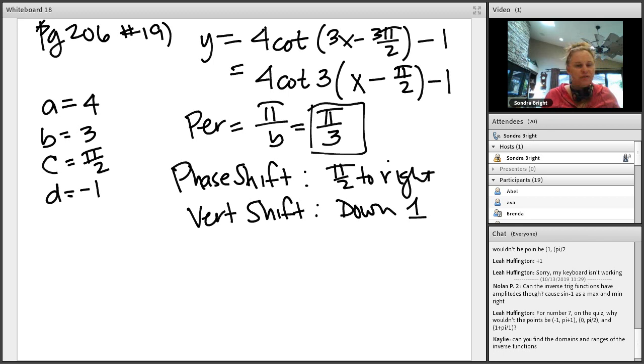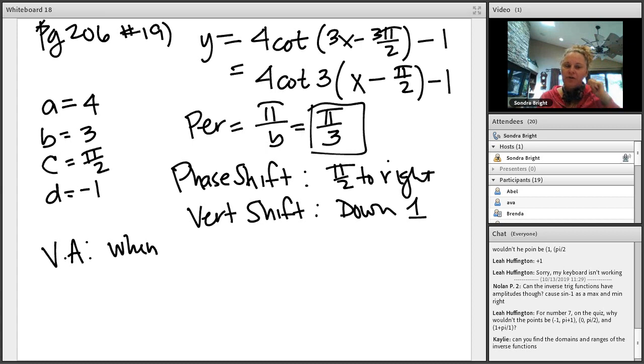And then the equations for the vertical asymptotes. Your vertical asymptotes happen when your cotangent is undefined. Now, for finding the zeros, your D value and your A value make a difference. For the asymptotes, it's just like a straight line, so when you're shifting it up or down, it's not affected.